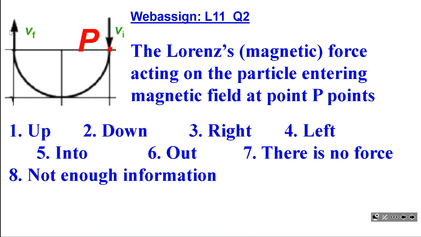It's about how force changes velocity, and for a circular motion, when trajectory is a circle, the acceleration, which changes the velocity, has to point toward the center, hence the force will point toward the center. And for that location, that means to the left. Well, that was a review.